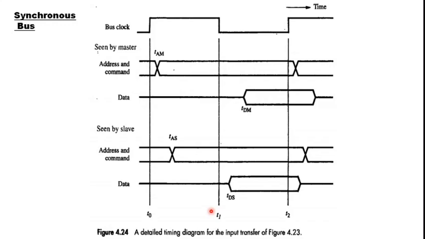But there can be some cases where at T1 the slave might not have recognized that the master had demanded its service, or at T2 the master might have missed the data that was generated by the slave altogether. Okay, so there can be some cases like that, or the slave might have failed. So what happens is at T2 the master might be actually reading noise from the data lines and will be accepting that as a valid input.